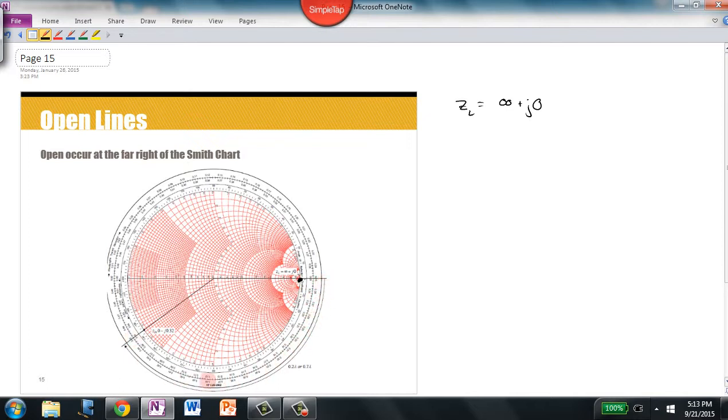So I start here, I rotate 0.2 lambda, I draw this line, find where it intersects here, and I find that Zn is equal to 0 minus j0.32, which again is a purely capacitive circuit. Like the case of the short circuit, for open circuits, Zn can only be a reactive element, and we can make it whatever value of reactance that we like.